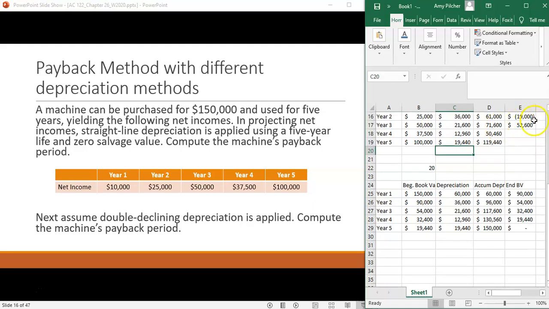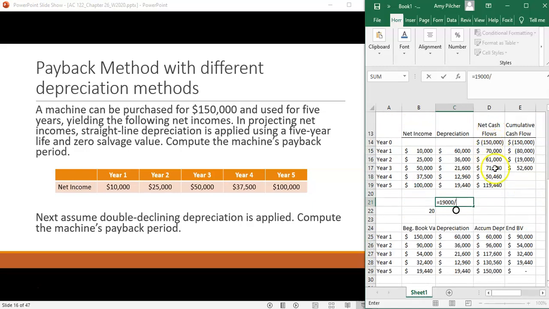So we know again that that payback is going to happen sometime between year 2 and 3. So we're going to take the remaining leftover, that 19,000 from year 2, and divide it by our net cash flows for year 3, which is 71,600. Now we get 0.265.